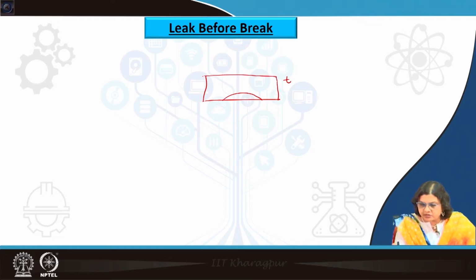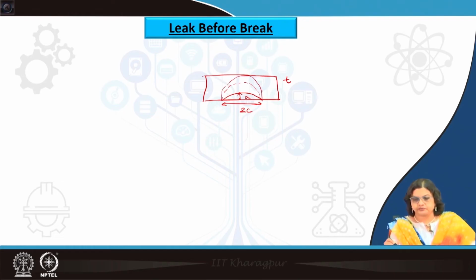There is a hoop stress that is being applied, and as a result of this hoop stress, this crack is expected to increase its dimension. So, this is 2c, once again the major axis, and the minor axis is a. Now, as we discussed, this always has a tendency to grow to a semicircular one, just to minimize the energy balance.